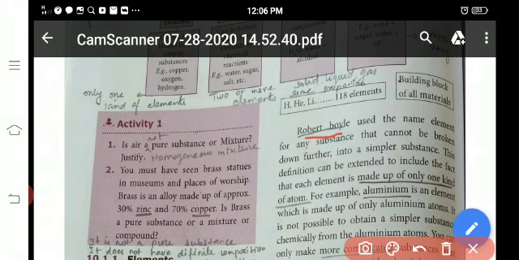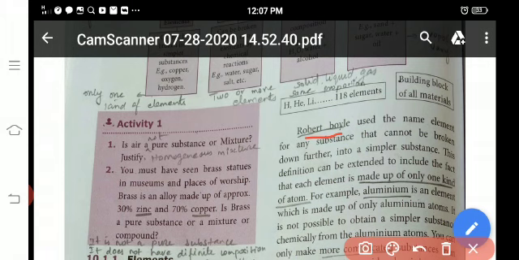This definition can be extended to include the fact that each element is made up of only one kind of atom. So each element contains only one kind of atom.